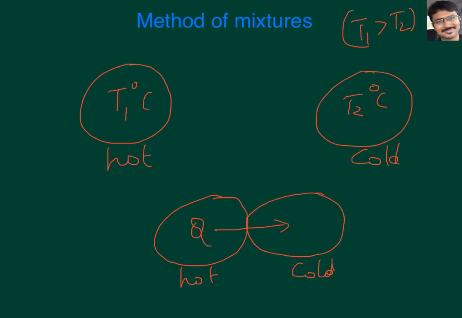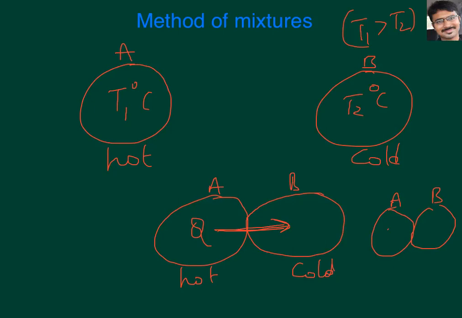After some time, the two bodies will acquire the same temperature. Let me name these bodies A and B. The two bodies A and B are kept in contact, and heat flows from hot body to cold body until both get the same temperature.